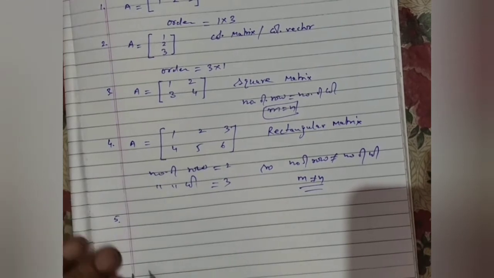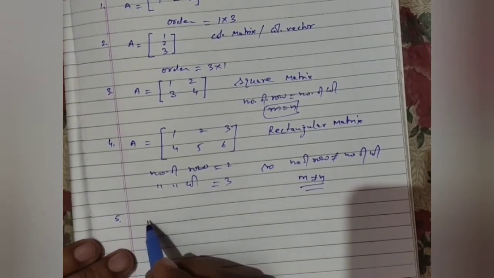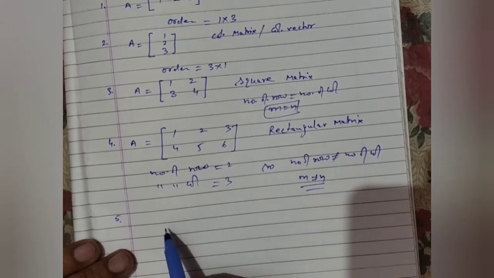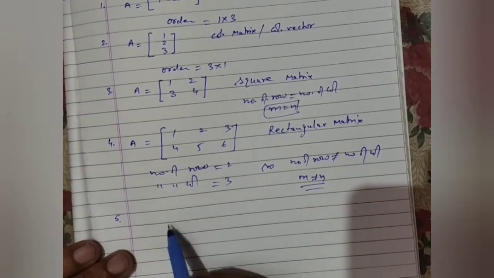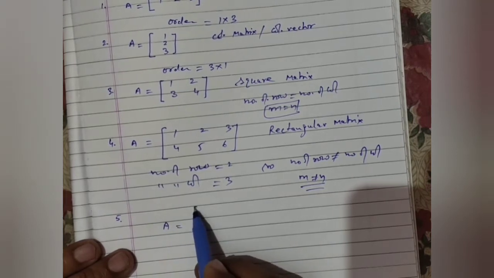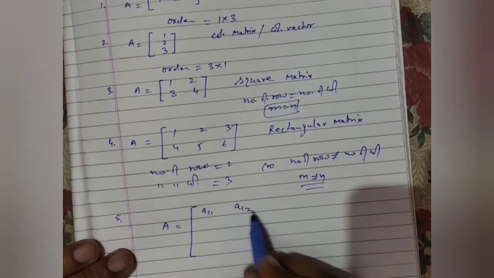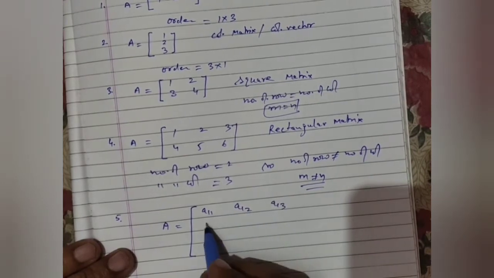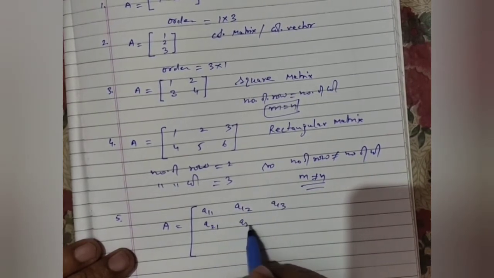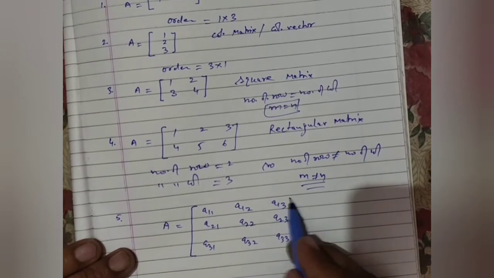Number 5: diagonal matrix. Before the diagonal matrix, I take an extended matrix: A11, A12, A13, A21, A22, A23, A31, A32, A33.